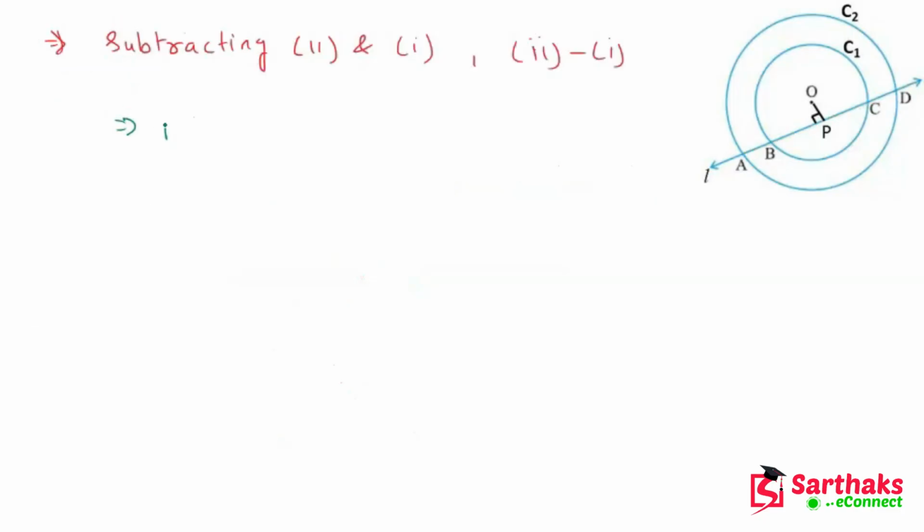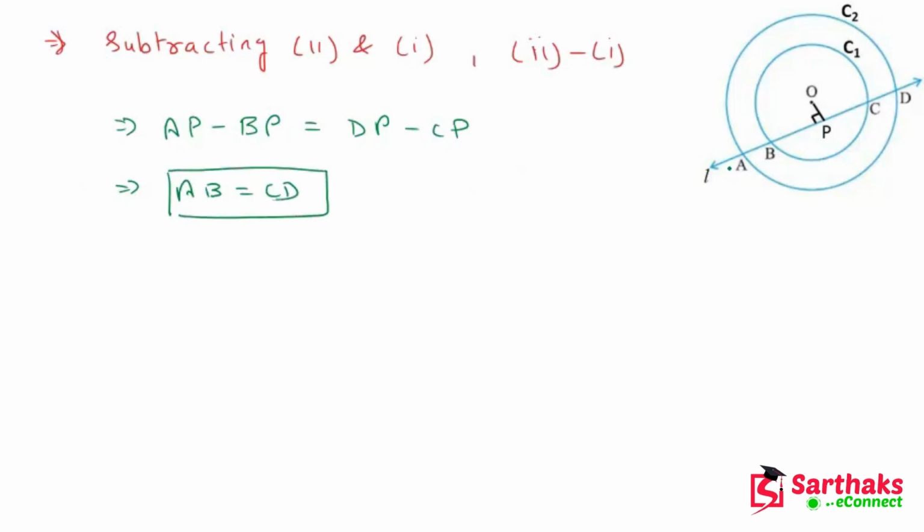So this becomes AB is equal to CD. Hence proved. I hope you understand these things.